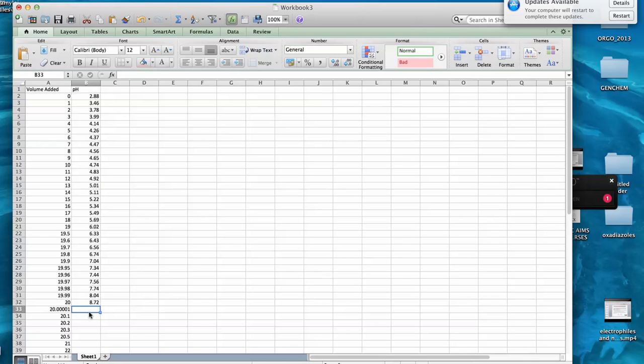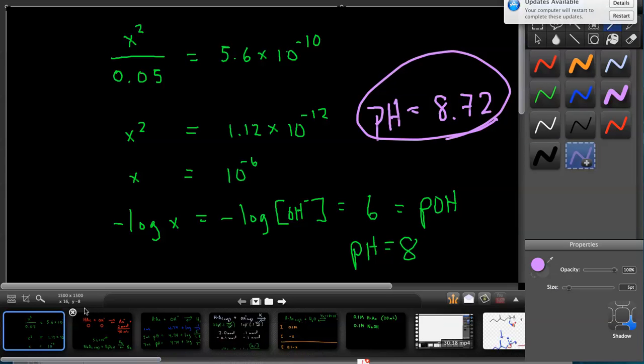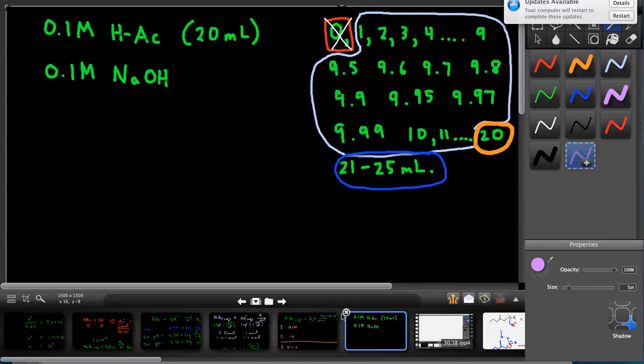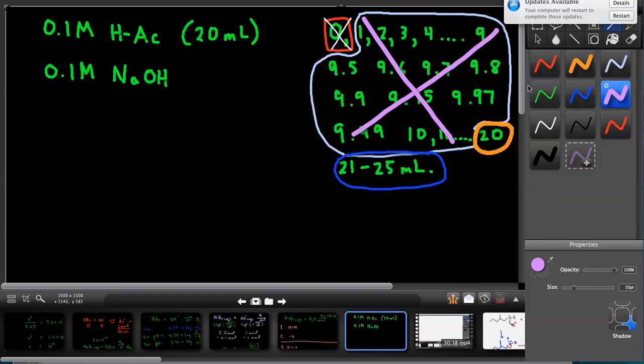Okay, so going back to what we have done thus far in this huge problem, we have covered our initial pH, all of our pHs up into the equivalence point, and now we've covered the equivalence point.